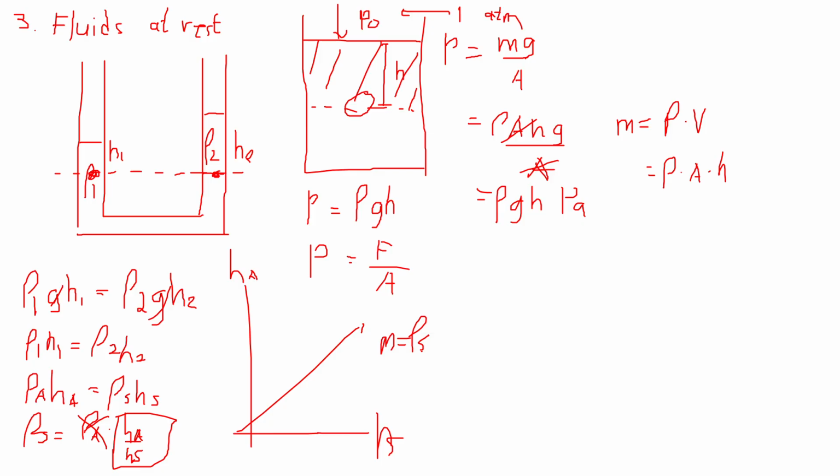Oh, and then we have to find the absolute pressure using... Okay, wait. So, absolute pressure, right? P0 is equal to 1 atm or 76 centimeters of mercury.